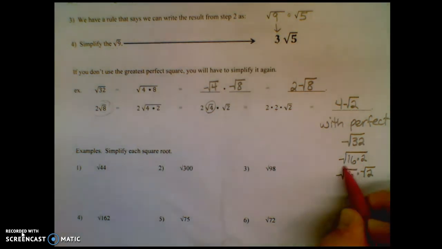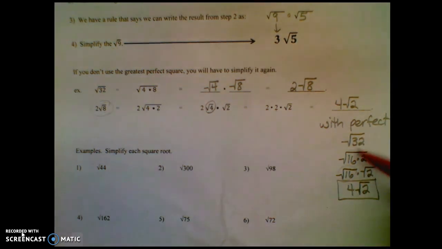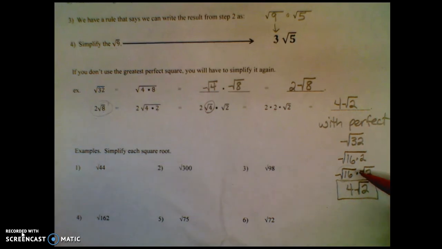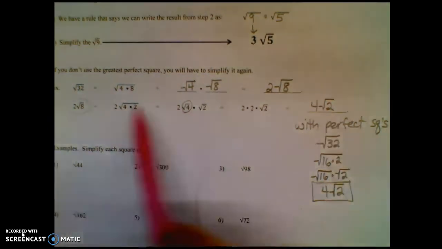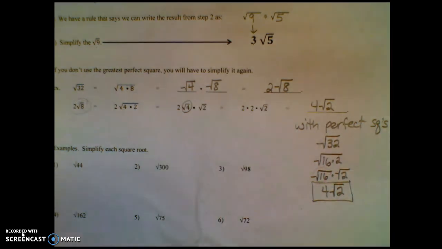The square root of 16 is our perfect square, so it becomes 4, and the square root of 2 here cannot be simplified anymore. So see how much faster it was to use the perfect squares than it was to just use regular factors? You want the greatest perfect square.